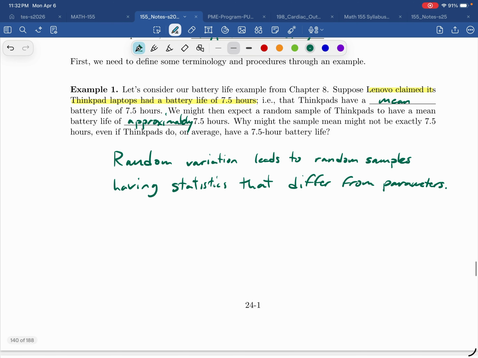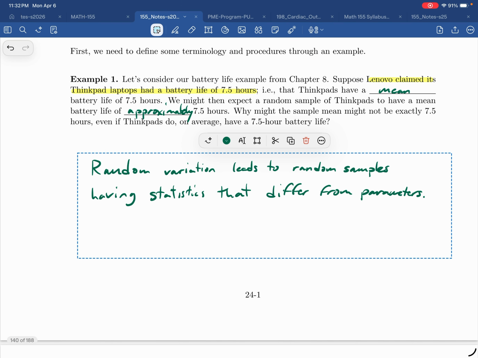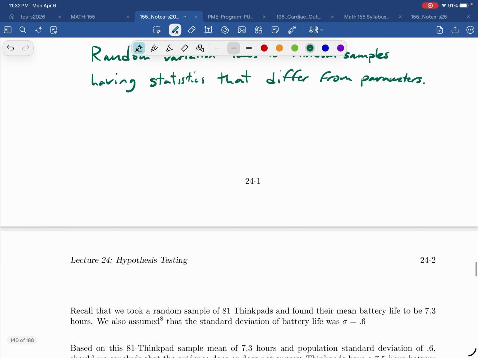No tricks. Just when you sample, you're going to get statistics that might differ. Ideally, they don't differ all that much, but still, they might.